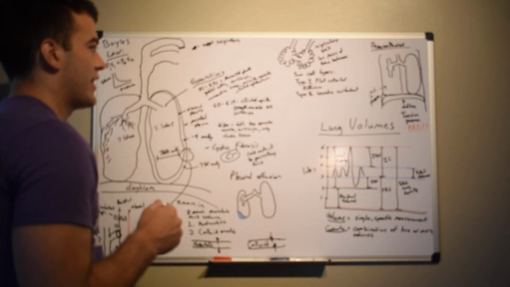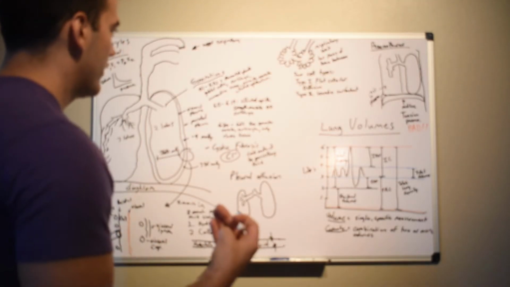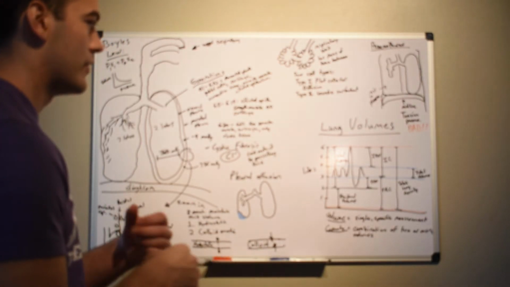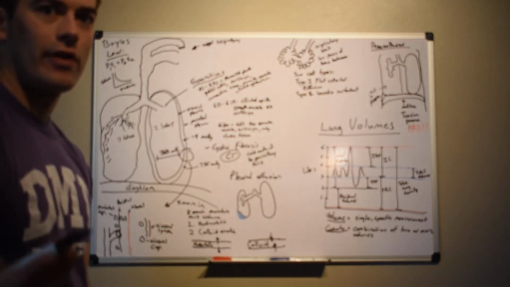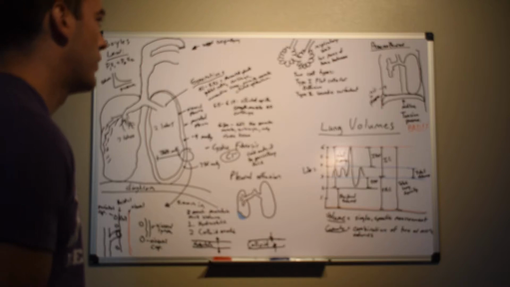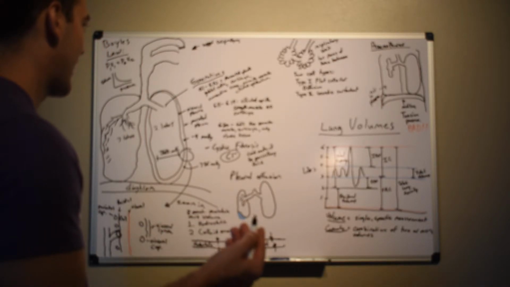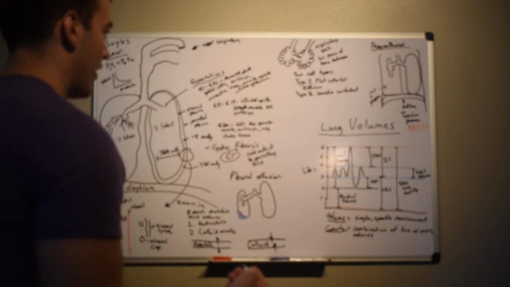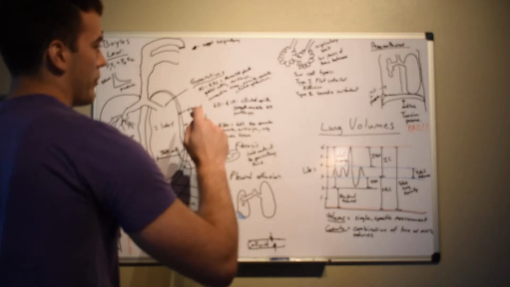It also has connective tissue to hold it all together, and smooth muscle, which is very important for bronchodilating or bronchoconstricting. We talked about already our anaphylaxis reactions.